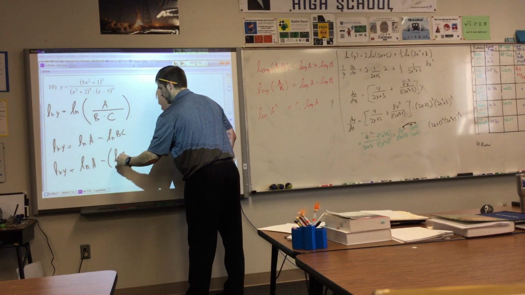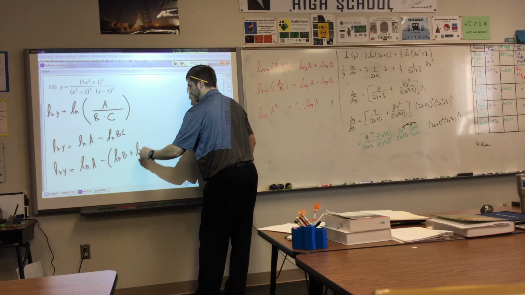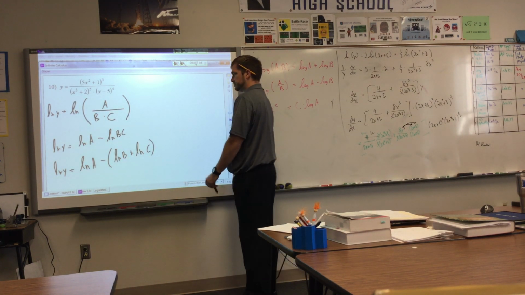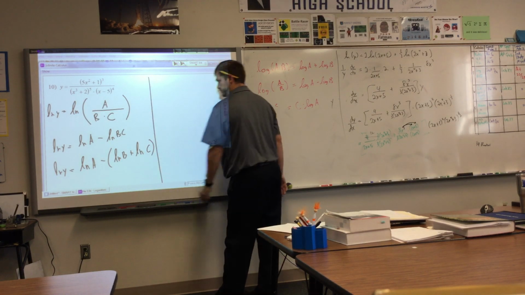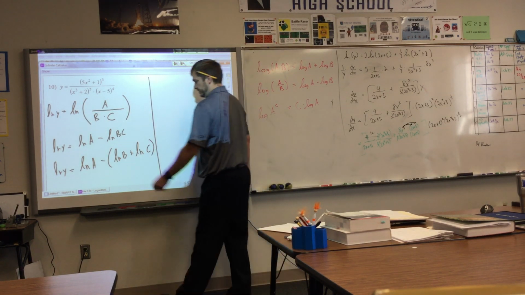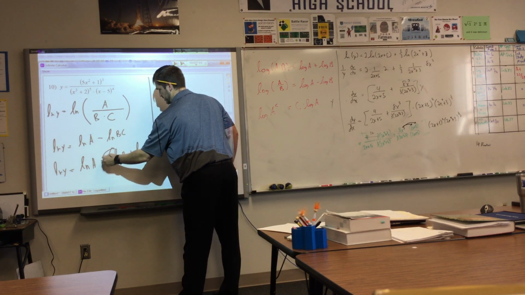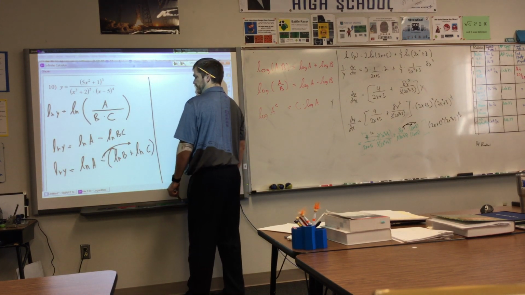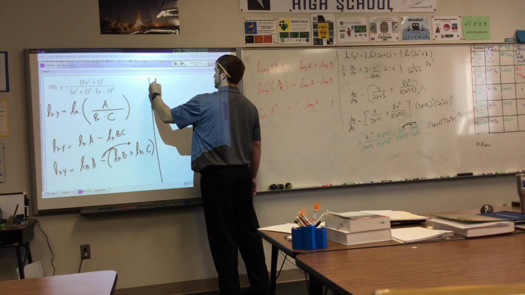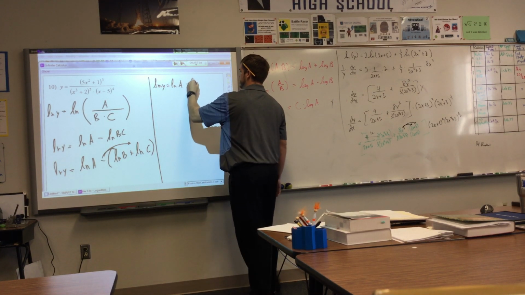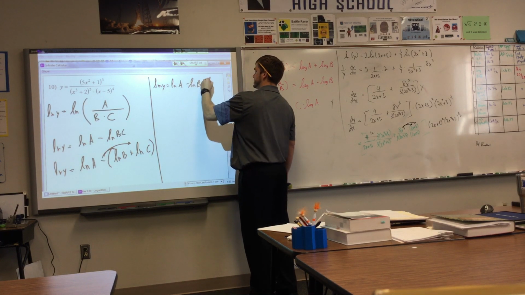So, natural log of b plus natural log of c. And if I distribute that minus, I have natural log of y equals natural log of a minus natural log of b minus natural log of c.